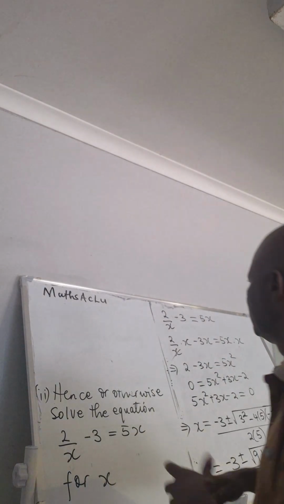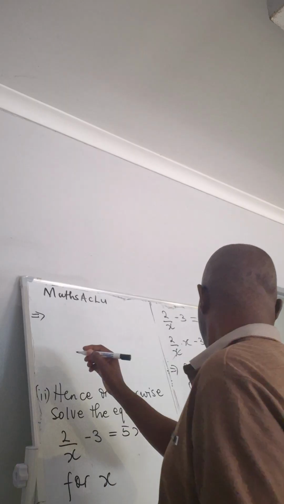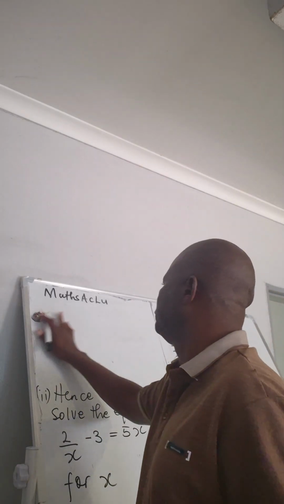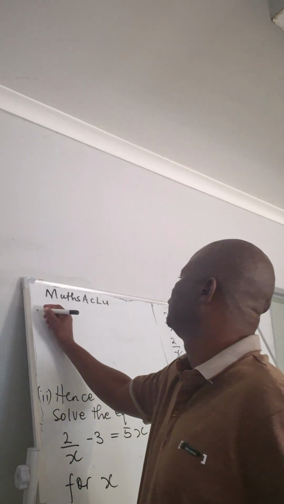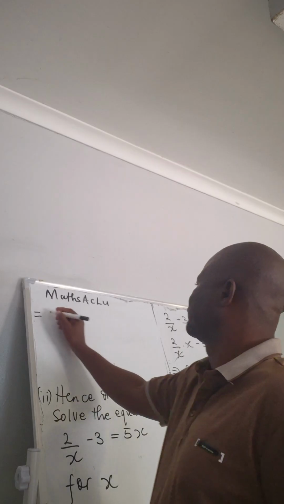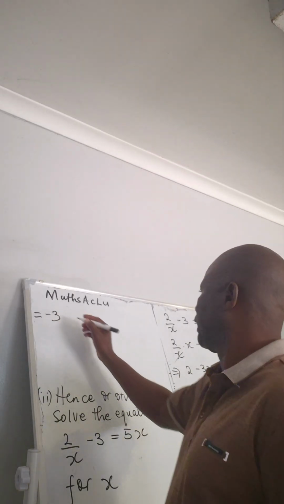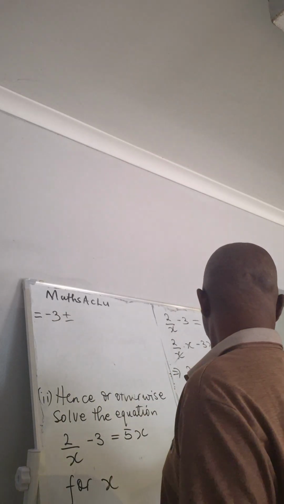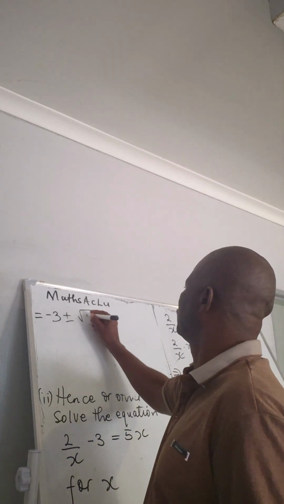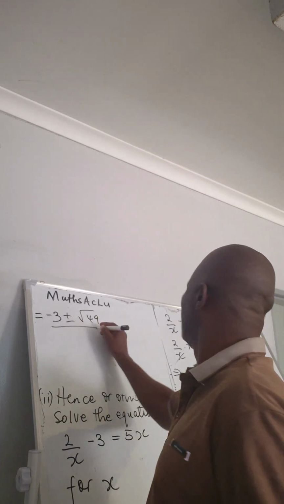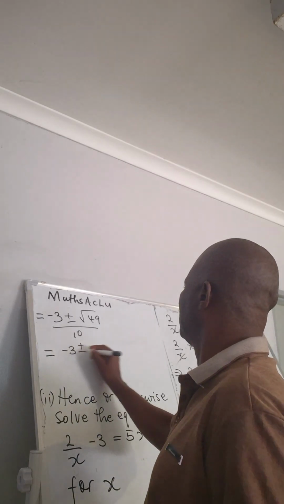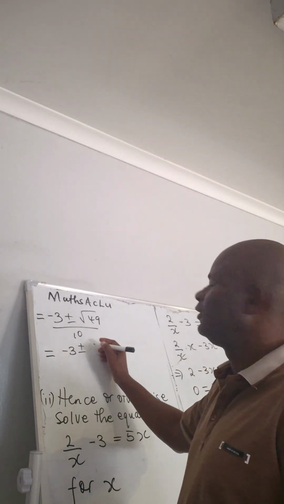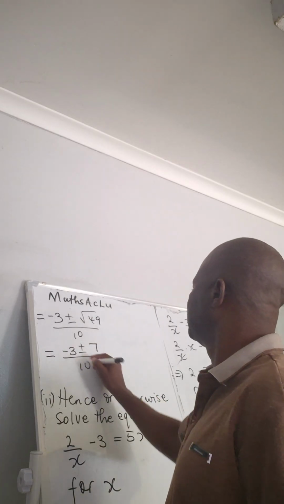Now from here, this implies, let me use equal to, because I'm still going down the stages. Equal to minus 3 plus or minus the square root of 9 plus 40, which means the square root of 49, all over 10, equal to minus 3 plus or minus root 49, which is 7, over 10.